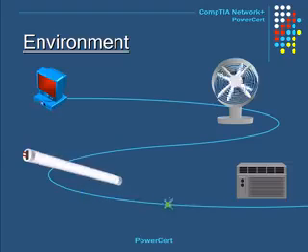For example, if you are using copper cabling, it's important to recognize the environment around the cable, because certain electronic equipment, such as fans, fluorescent lights, or air conditioners, can interfere with the copper media and therefore alter or reduce the strength of the signal, which is known as attenuation.